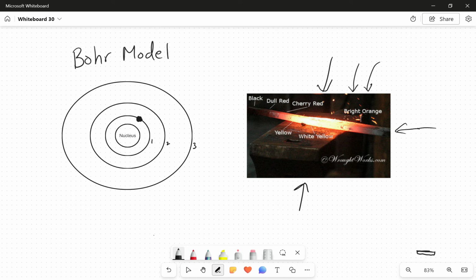Now he's able to replicate this in his lab, and he gets some really, really interesting data. What he realizes is that when an atom is in its normal state, okay, he calls this its ground state. And the ground state is just the atom's most stable state.